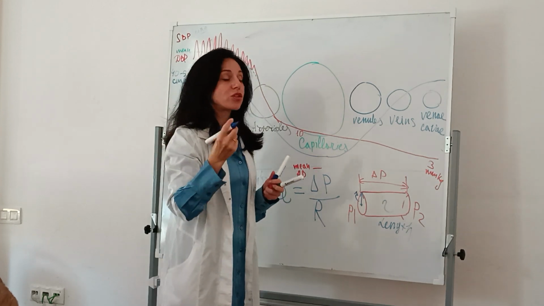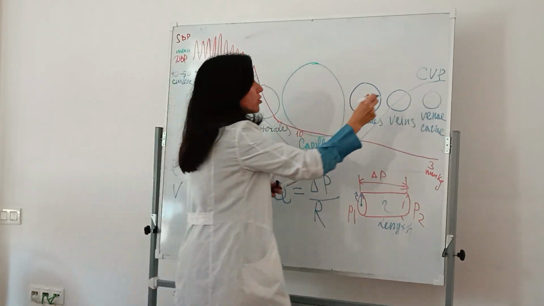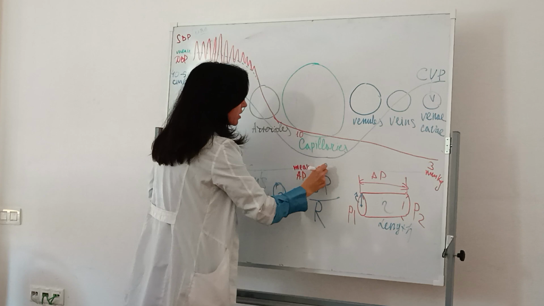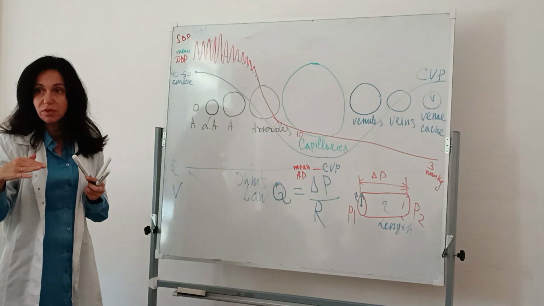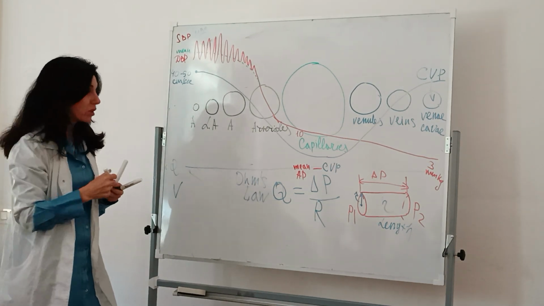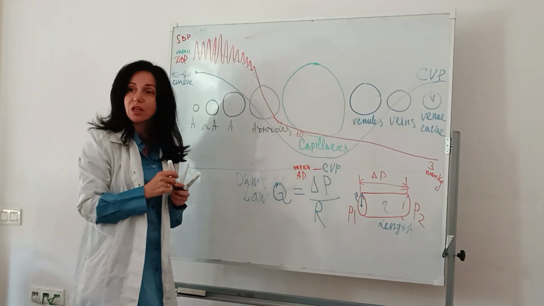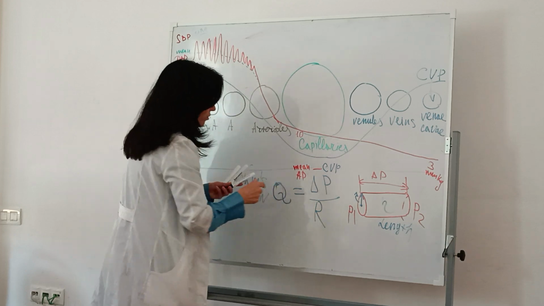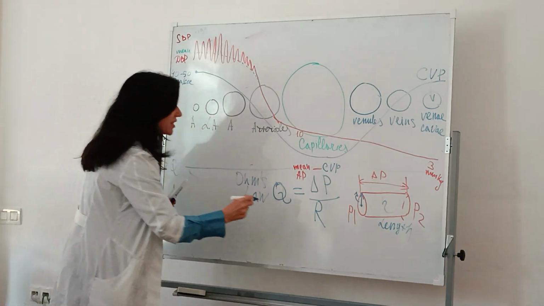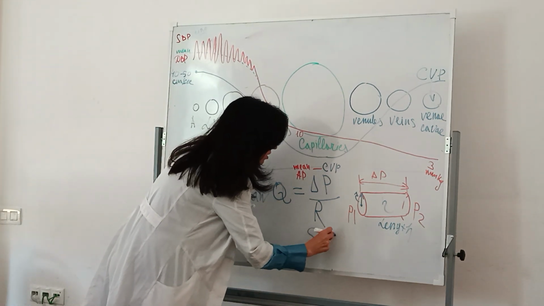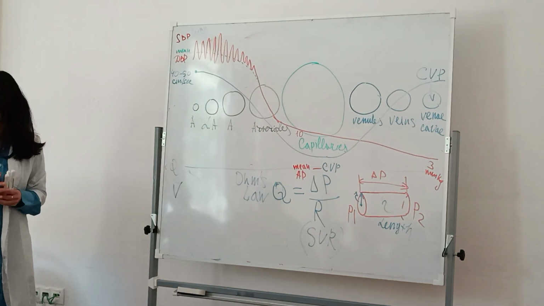It has a specific term, central venous pressure. Central venous pressure is about zero, so we can drop this and consider just mean arterial pressure. R, what is R? In medicine, R is called systemic vascular resistance.